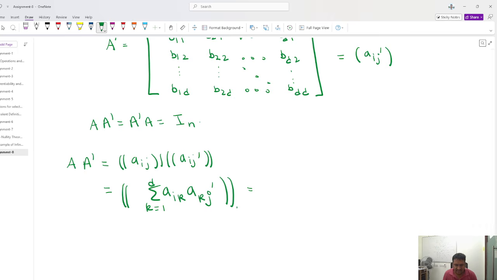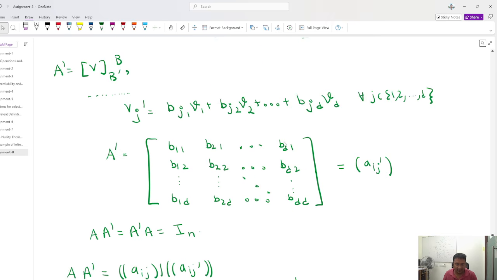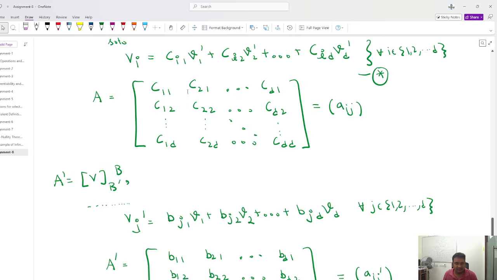Now let us put, this is D cross D. Now let us put what AIK and all are. AIK means the first A matrix, ith row, kth column. So for example, this is second row, second column, second row, first column, right?